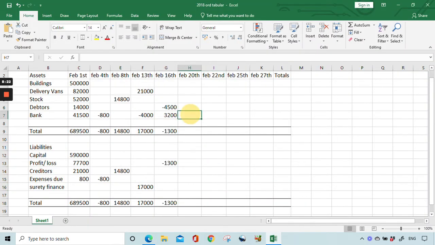Your bank is going to go down by 1,600, and we're going to do a new account called drawings, and that is going to go down by 1,600, minus 1,600. So again, if you add up both sides, minus 1,600, minus 1,600.